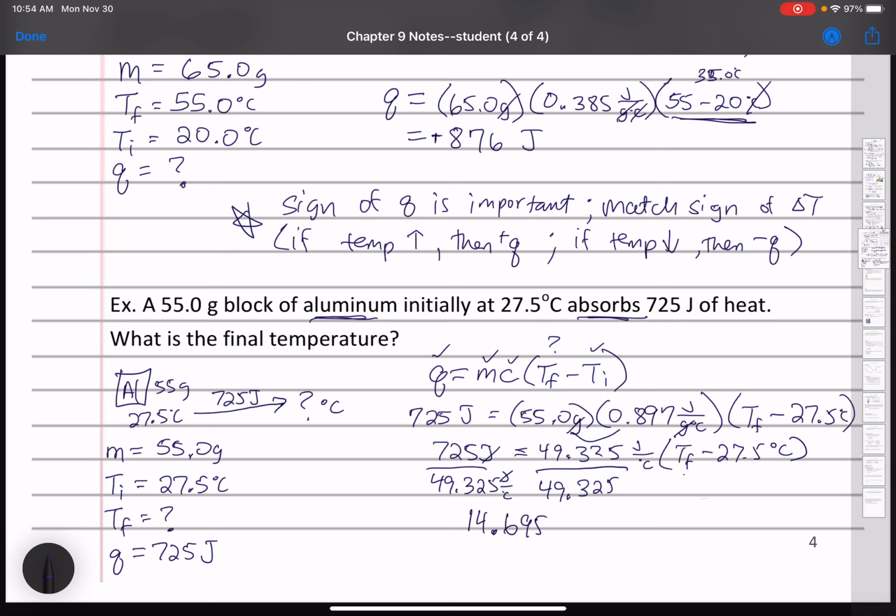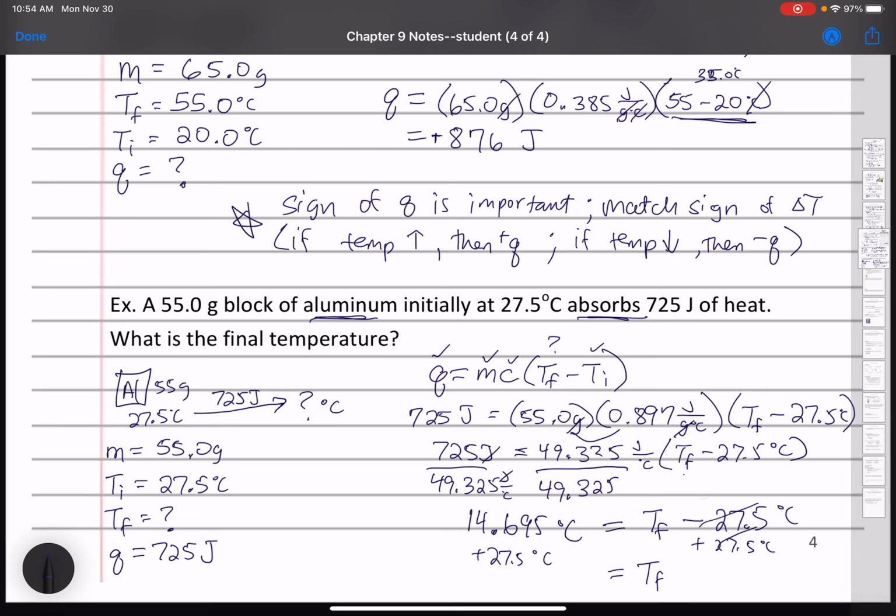So I end up with degrees Celsius equals TF minus 27.5 degrees Celsius. And now I just need to add 27.5 degrees Celsius to both sides. So we're just doing a bunch of algebra here to solve for our x, which is the final temperature.